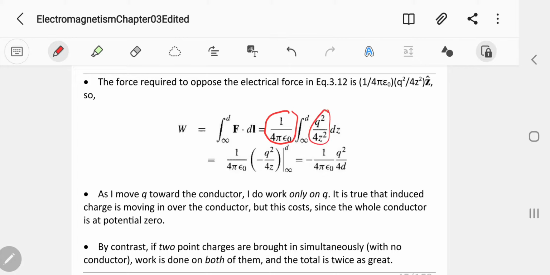This is the force, and when you do the integration, if you put the negative here, the limits would just be d to infinity, as when you use the electric field, of course you have to put the negative sign.